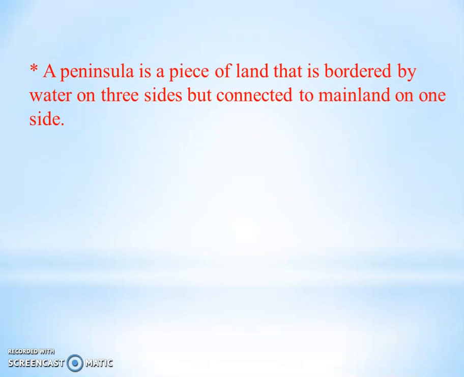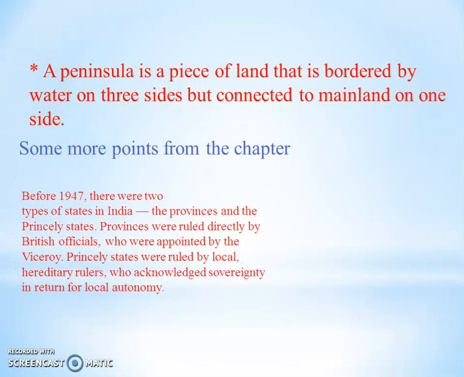Let's see, students, what is a peninsula? A peninsula is a piece of land that is bordered with water on three sides but connected to the mainland on one side. Three sides will have water bodies and one side will be connected with the land. Yes, this is from NCERT only.